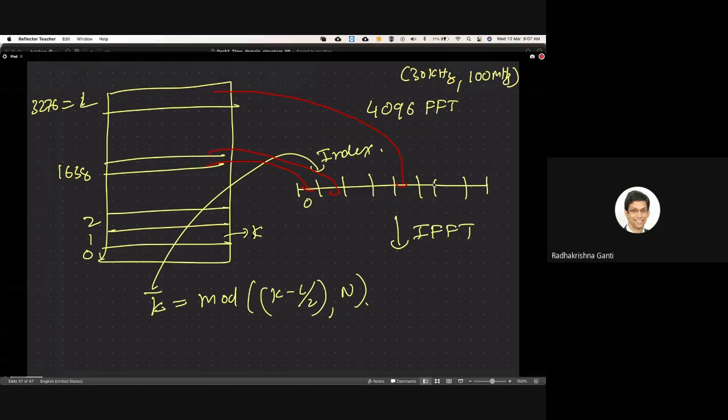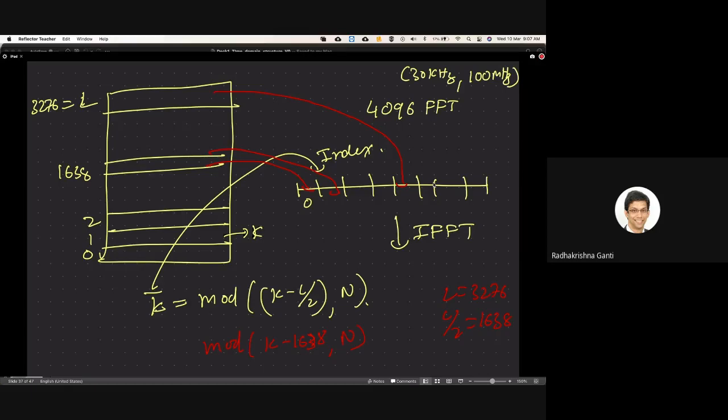So 1638 gets mapped to 0, because if you take this equation, if I take L equal to 3276, L by 2 will be 1638. So it will be mod of (k minus 1638, N). If you put k equal to 1638, you get 0.